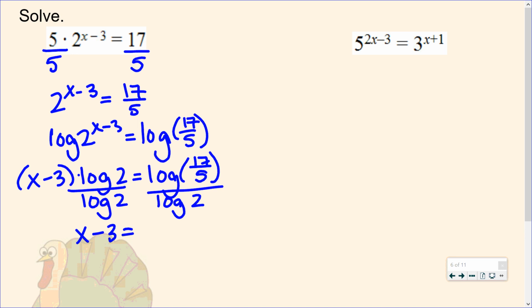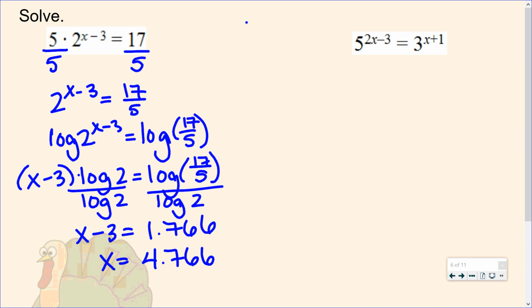Divided by log of 2, we get 1.766, rounded to 3. And then last step, add 3. So it's going to be 4.766. So it's an equation, you can take your answer, plug it back in, make sure it works.